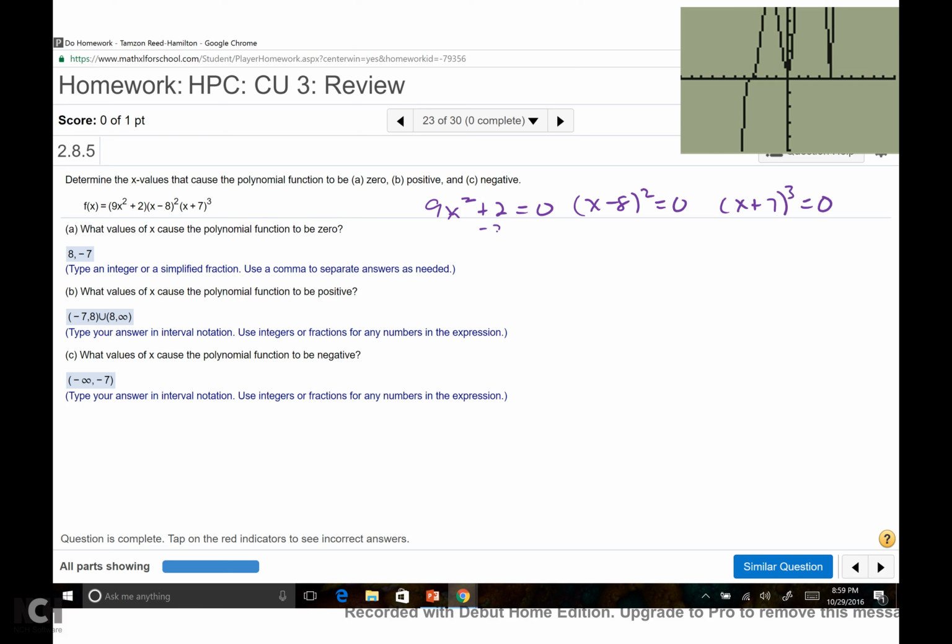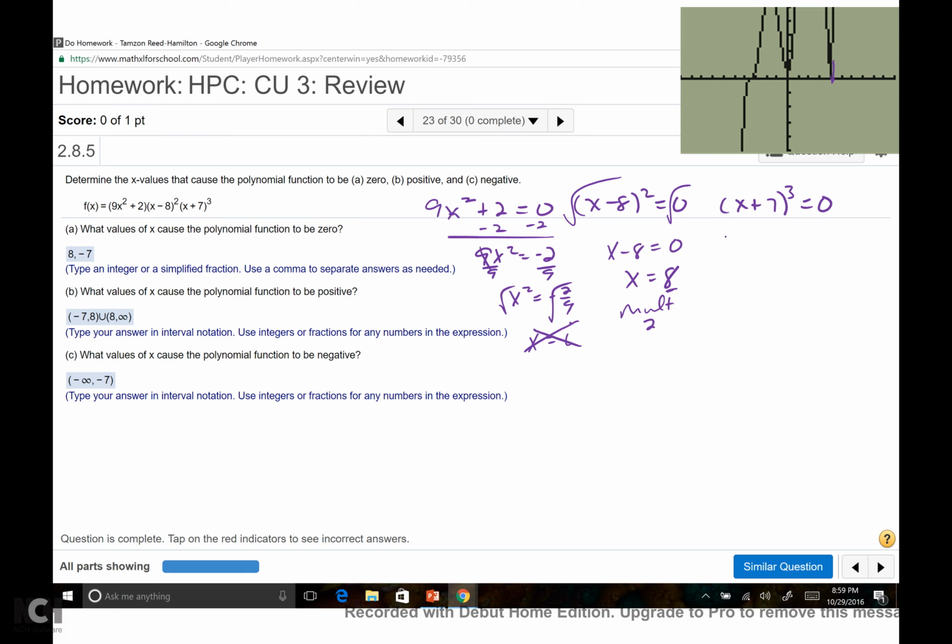Okay, so on this one, 9x squared plus 2 equals 0, 9x squared equals negative 2, divide by 9, x squared equals negative 2/9, square root, and you're going to get imaginaries, so you aren't going to get any intercepts out of that. Okay, square root, I get x minus 8 equals 0, so x equals 8, multiplicity 2, which means it's going to be tangent there. It touched and turned.